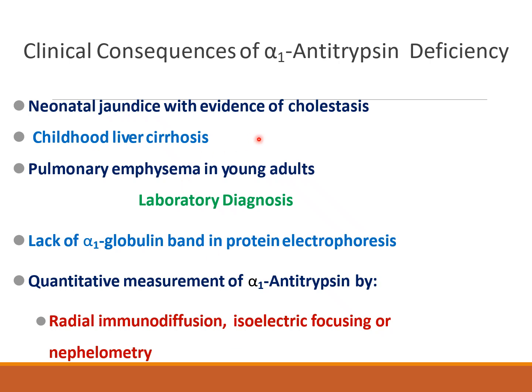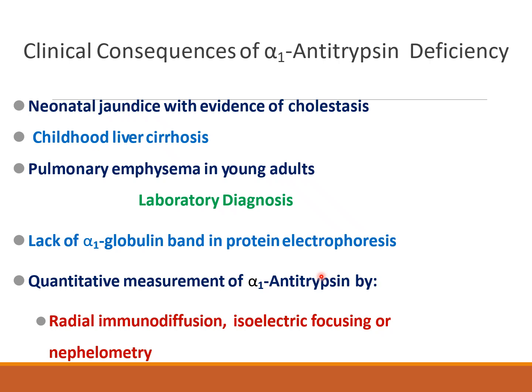Next, clinical consequences of alpha-1 antitrypsin deficiency: mostly neonatal jaundice with evidence of cholestasis. Clear? Cholestasis you will be knowing, blockage of bile flow from the liver to the small intestine. You should know the condition and correlate with the markers. Childhood liver cirrhosis, pulmonary emphysema in young adults, and lab diagnosis: lack of alpha-1 globulin band in protein electrophoresis.